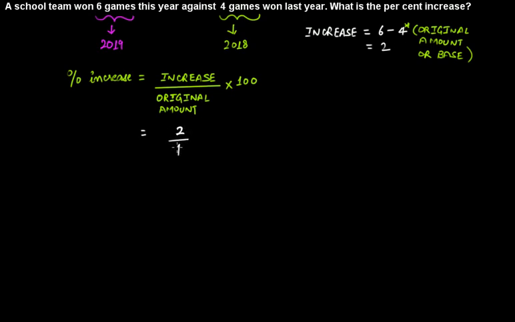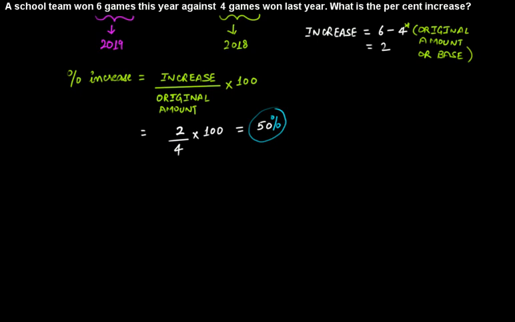Original amount is what? 4, times 100. If you solve it, you get 50. So the percent increase is 50%, right? So you can say that in the year 2019 there is an increase of 2 games. And another way to tell is that there is an increase in the performance by 50%, right?